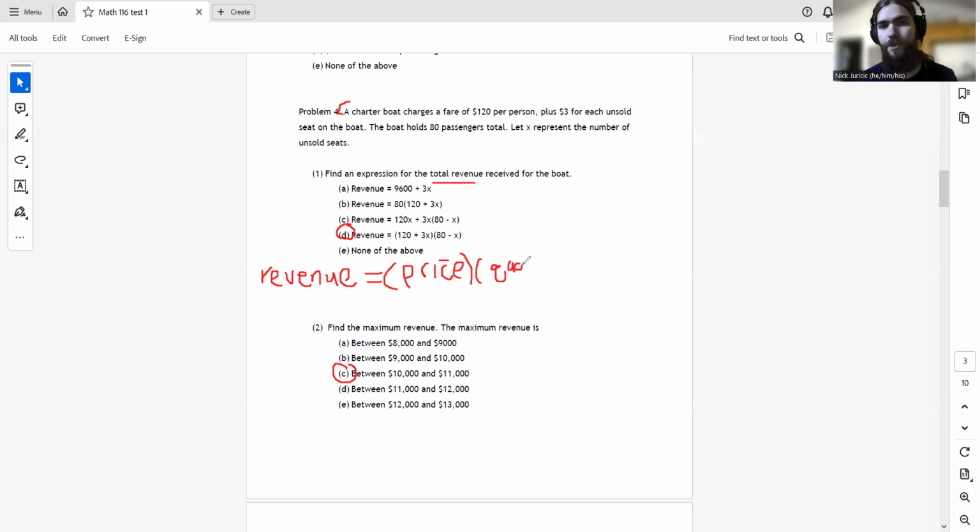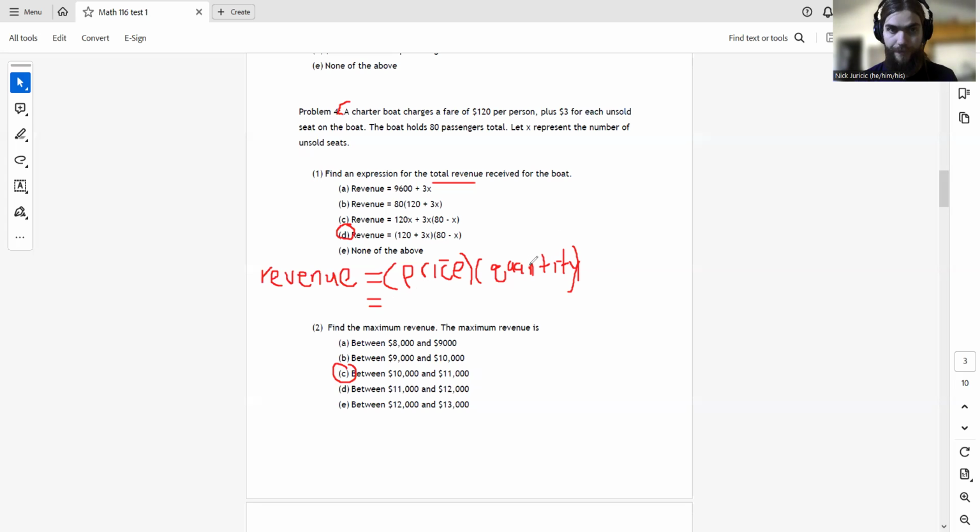Price times quantity is always how we can start to find our revenue. In a specific situation, these might just be numbers, but in this case, the price and the quantity both depend on how many seats are filled. Because they say let X represent the number of unsold seats, we want to find an expression here in terms of X.